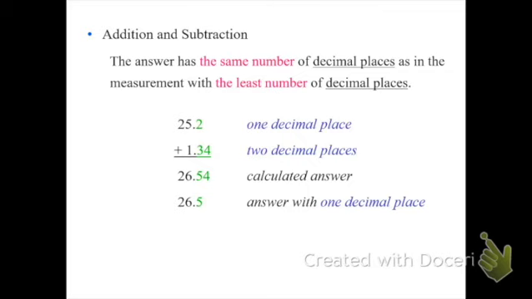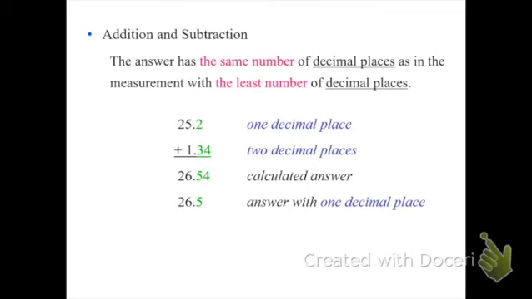We're looking at the decimal places. And that's really, really crucial. That's very, very important. A lot of students get confused about this. So you have to remember that when you are adding or subtracting, you don't count the number of significant figures. You only count the number of decimal places. Although this is all about significant figures, we are not looking at significant figures. We're looking at decimal places.